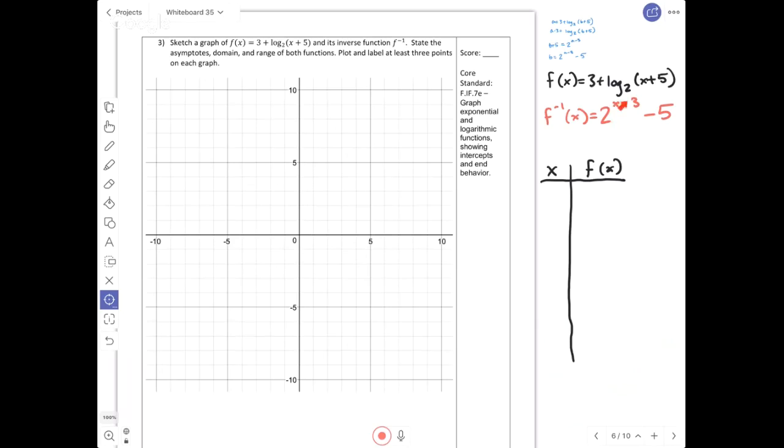I can see that this exponent will equal 0 when x is 3. So I'm going to center these values around 3. Let's do 2 and 1 and 0 and 4 and 5 and 6. So 0 minus 3 is negative 3. 2 to the negative third power is 1/8. 1/8 minus 5 is negative 4 7/8.